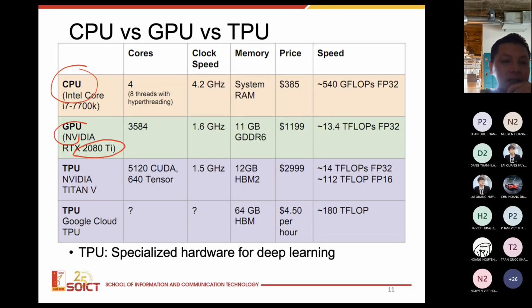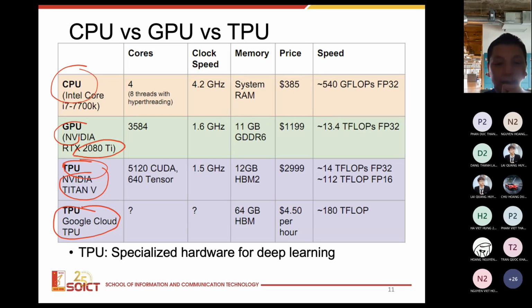Okay, so besides CPU and GPU, you have a special tensor processing unit, whose name is TPU. You have the TPU provided by NVIDIA, and you also have the TPU provided by Google. If you use Google Cloud, you can have access to TPU.